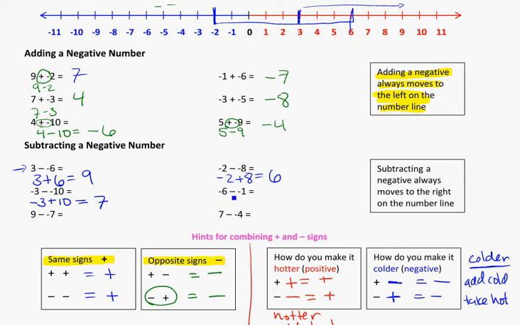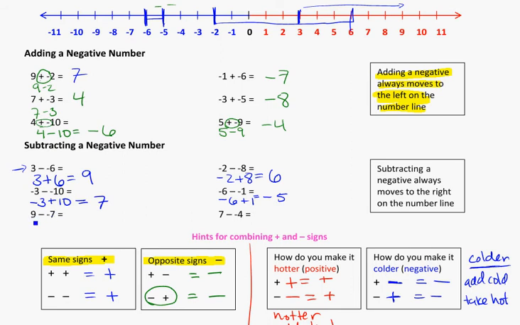-6, take away a -1. Again, the signs are the same, so I'm going to say -6 plus 1. So here I'm at -6. I'm going to add 1. I get to -5. Last two examples here. 9, take away a -7.